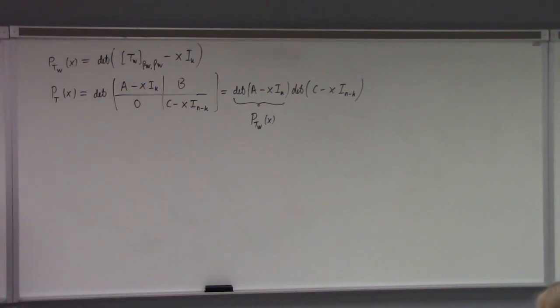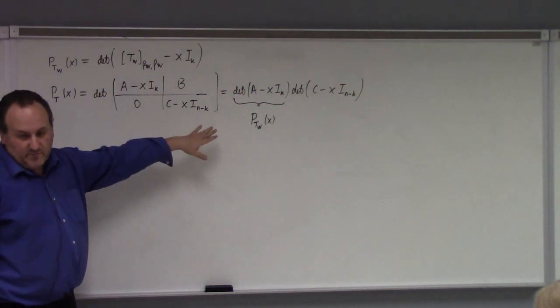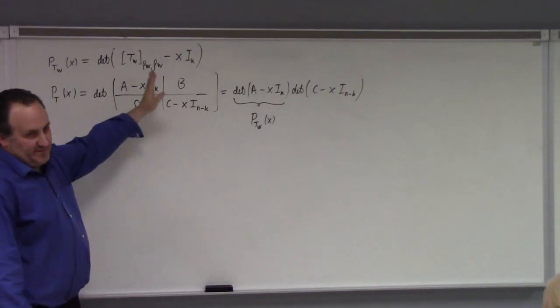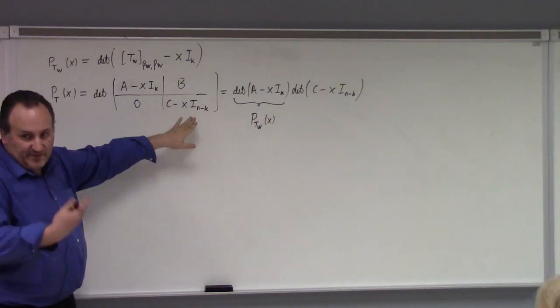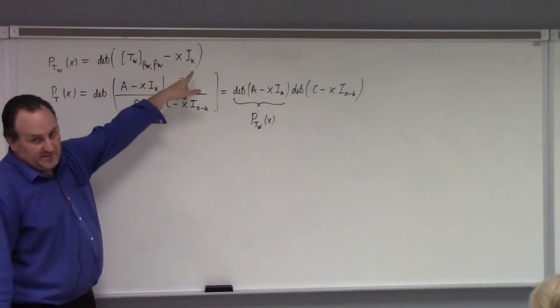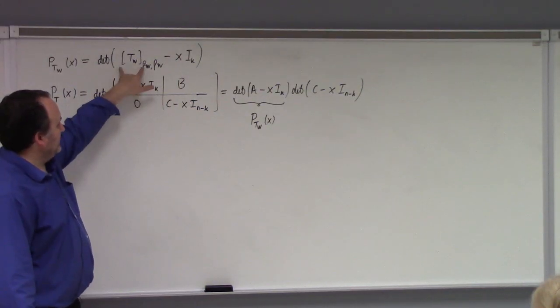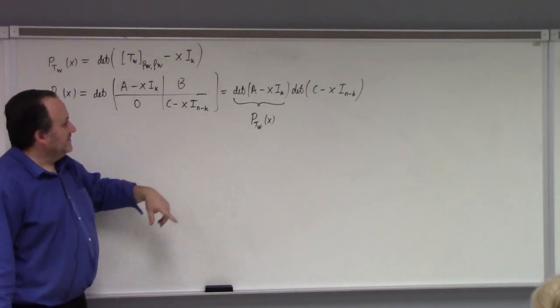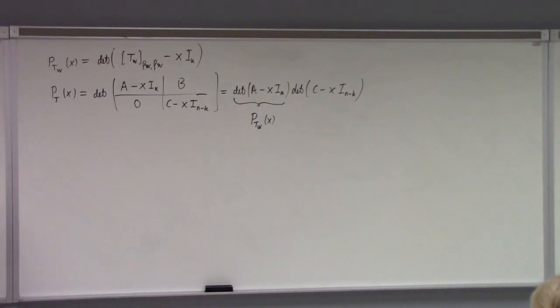Yeah, because the determinant of a block matrix, well, not block diagonal, upper triangular like this, I can take the determinant of this times the determinant of that. It's an identity for determinants. So the determinant of this piece is literally that piece, and whatever this is, it is. I don't care.